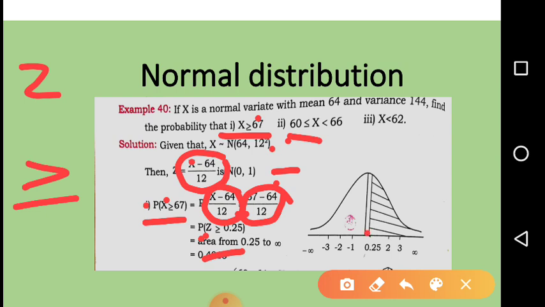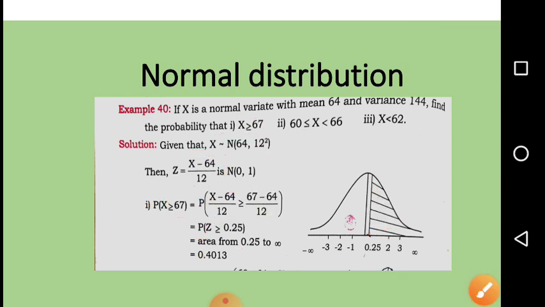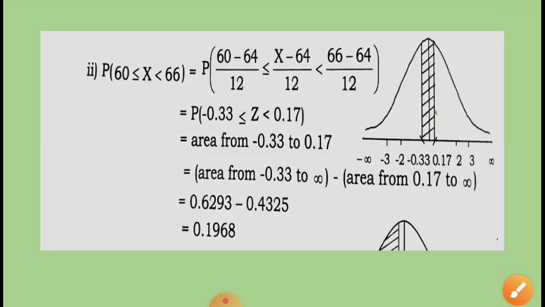Then area that is greater than, always it will come on this side, students, this side like this. Yes, so this thing you will mark, then this answer you will get. Okay, yes. So answer 0.4013 you will get by seeing the chart. A chart you have to see. Okay, yes.